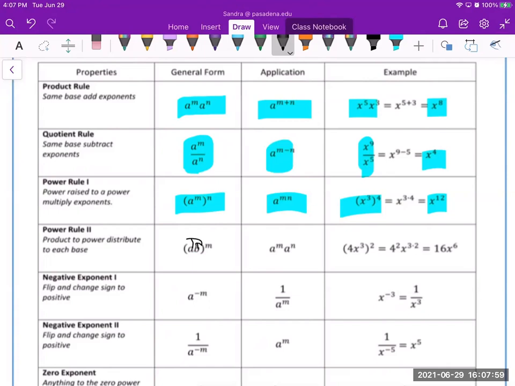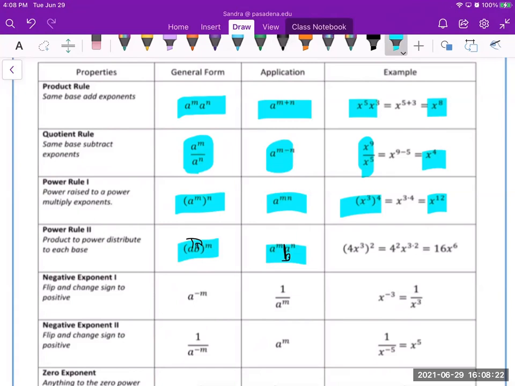You multiply them out and you get a to the n times b to the n. Okay, a small mistake here. It's supposed to be a to the n times b to the n.